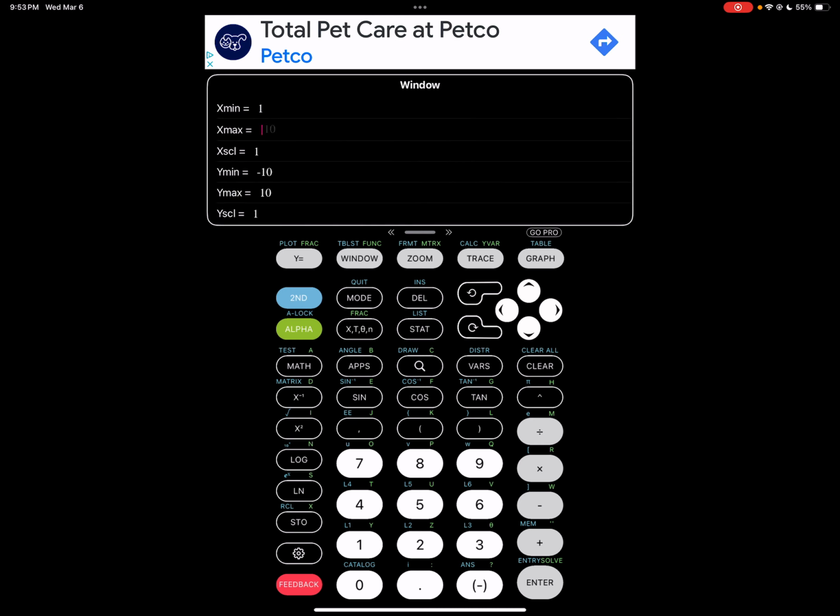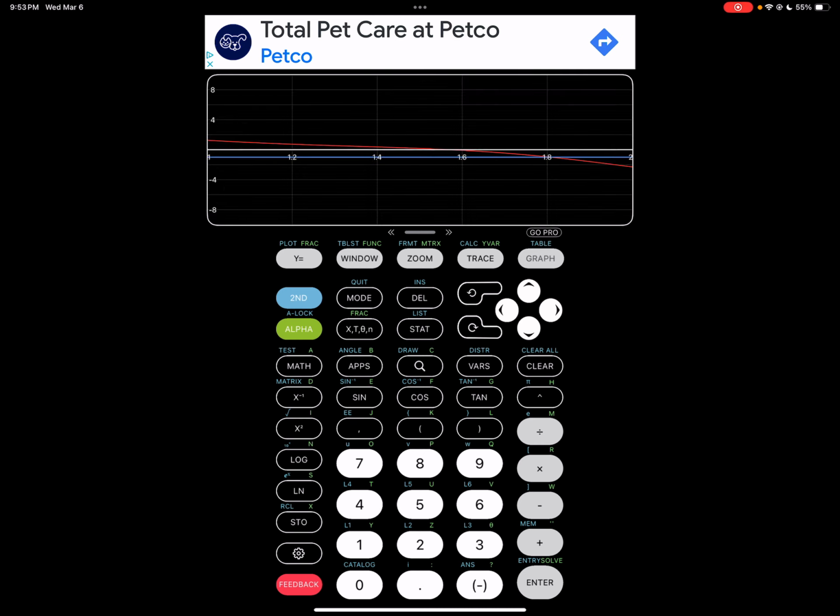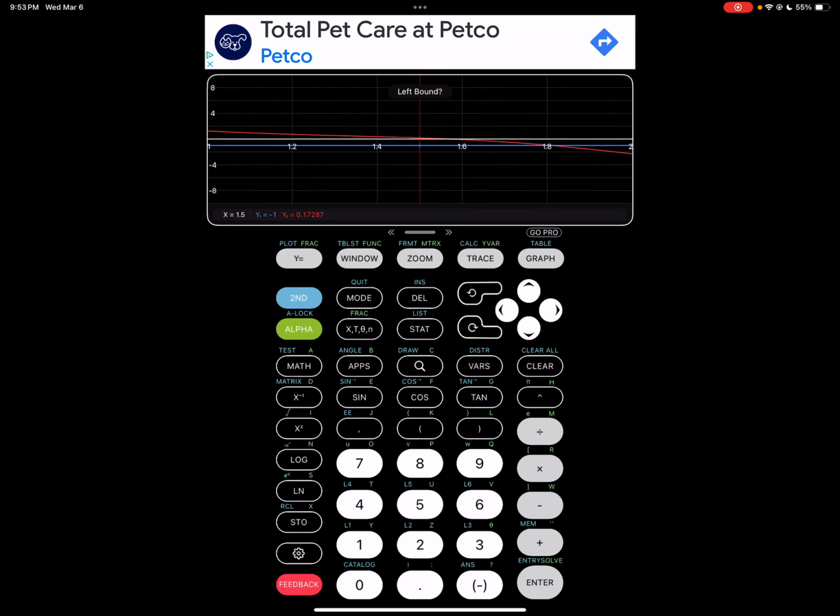And then change your y min and y max if necessary. But let's see if I need to change it or not. Let's graph it. And here I can see that I don't really have to change my bounds. You might have to on the 84, but on my little online calculator, I'm not. I'm going to go ahead and do second calc, intersect, and then find my intersection here.